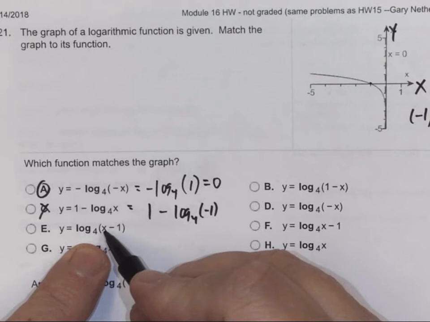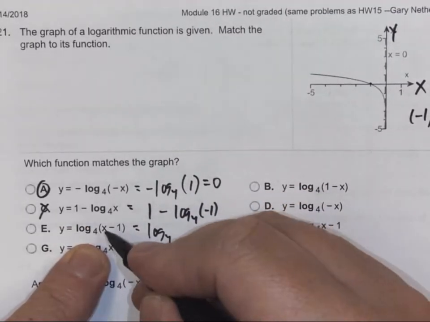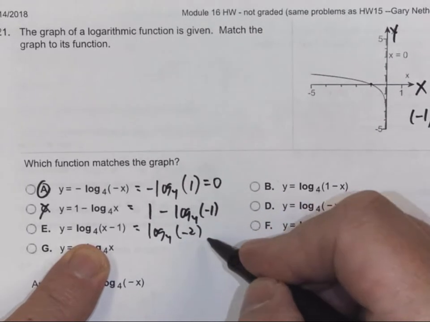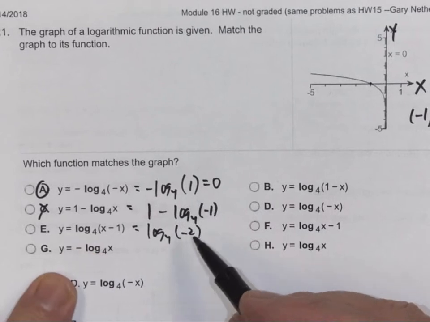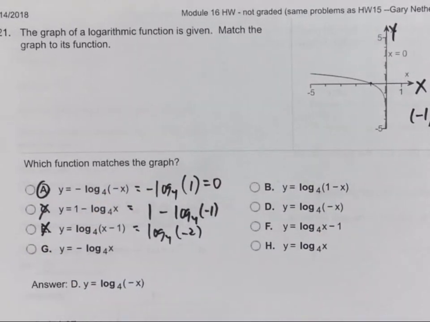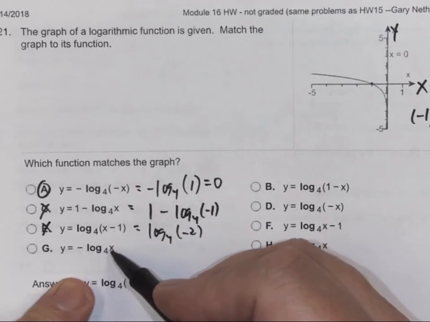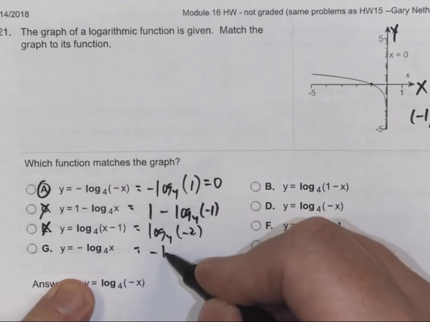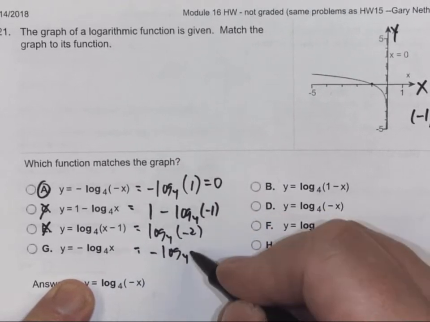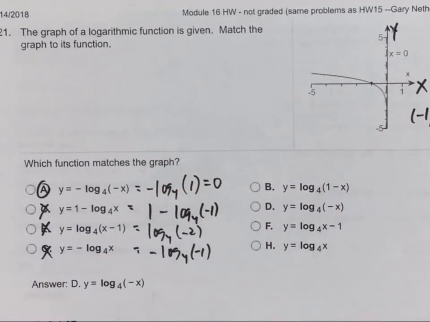When I put in -1 for x here, I get log base 4 of -1 minus 1, log base 4 of -2. Once again, I can't take the log of a negative number. The next one, negative log base 4 of x. Negative log base 4 of -1. I'm taking the log of a negative number. All right. These equations are dropping like flies.